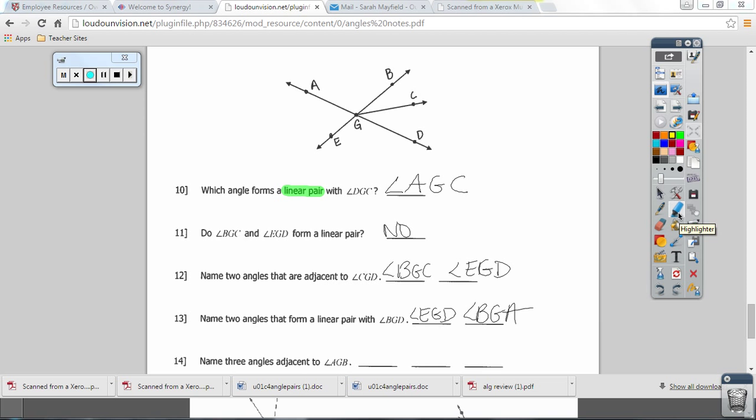Name three angles adjacent to angle AGB. All right. So I have angle BGC. I have angle AGE.